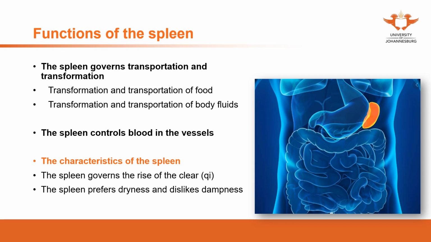The transformation and transportation of the body fluid refers to how the water transforms in the body. The water we drink, the stomach can receive. In this process, the spleen also assists in transforming the water into the clear parts and the cloudy parts.